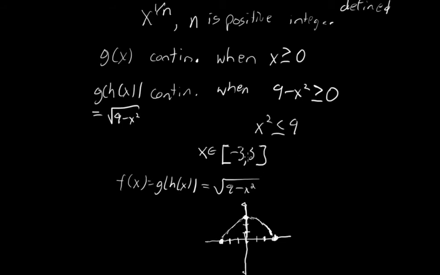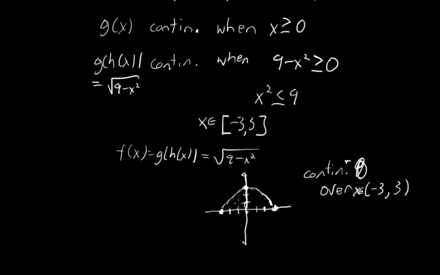And looking at the graph, we can see that it's continuous over the open interval -3 to 3. So I should say x is somewhere in this interval.